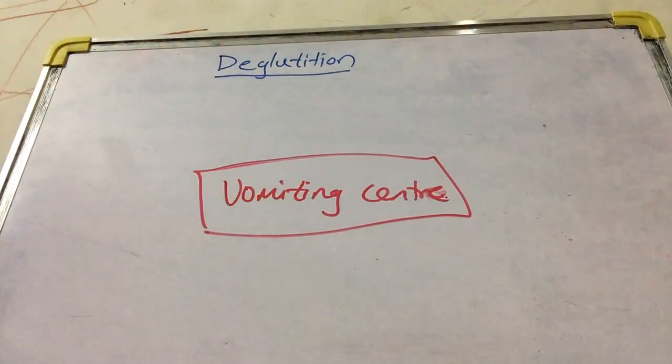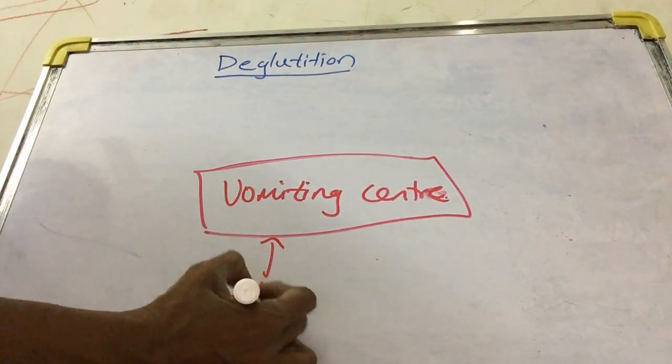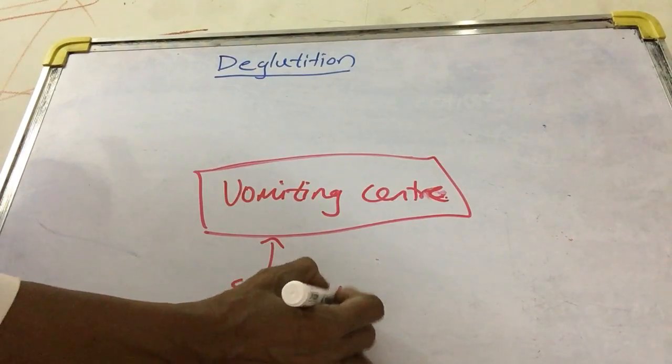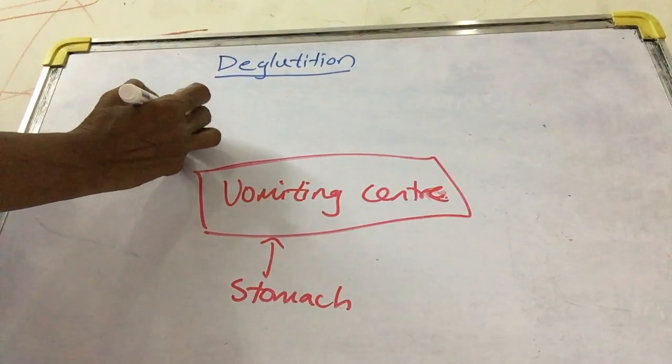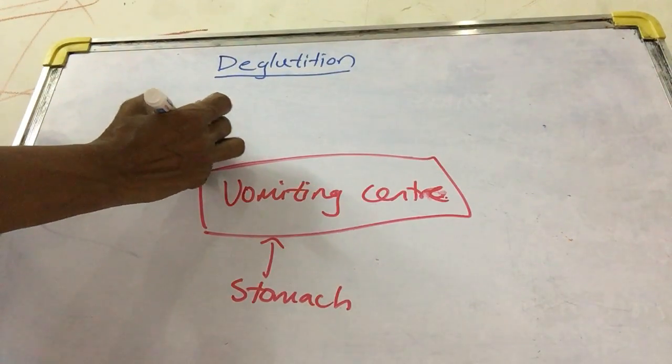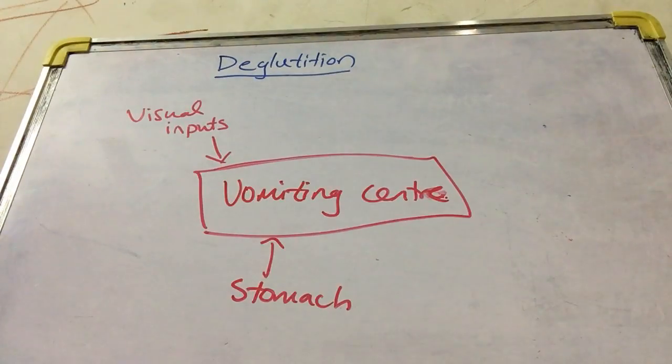The vomiting center has inputs from many areas of the body. There can be input from the stomach, and there can be visual inputs. If we see something very awkward, we get that vomiting sensation, isn't it?